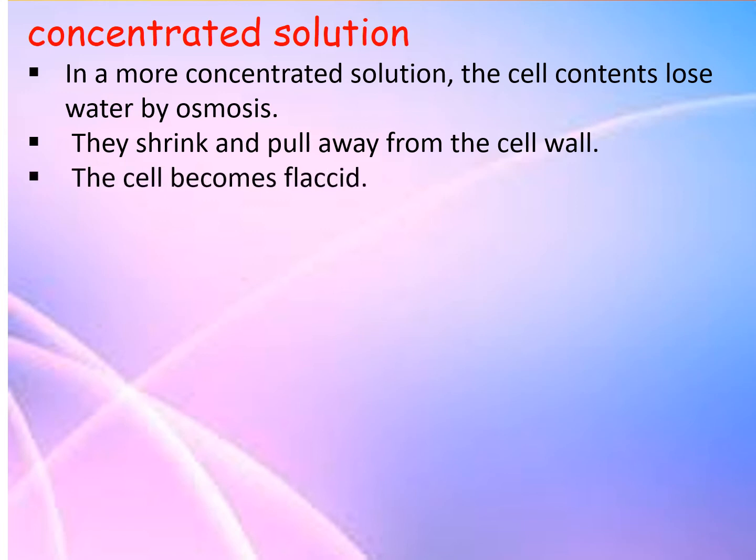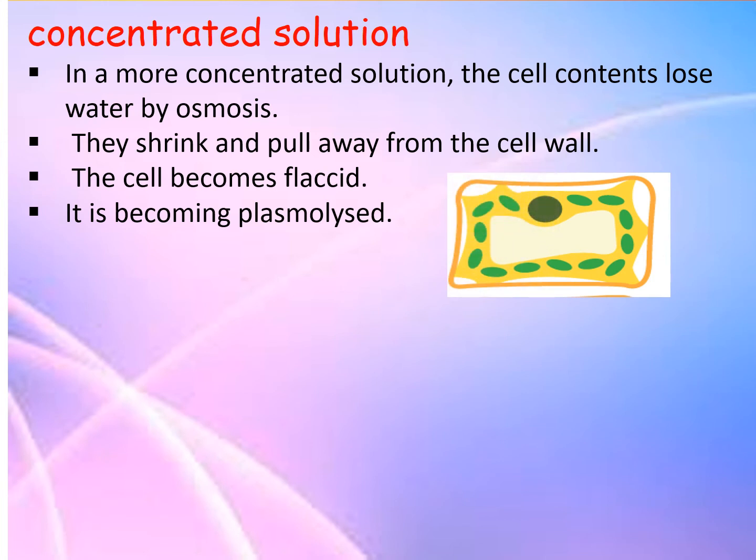And the cell becomes flaccid. Eventually, the cell contents shrink so much that the membrane and cytoplasm split away from the cell wall and gaps appear between the wall and the membrane. We call this plasmolysis. Now see the picture. Now you can see the cell has become plasmolysed.